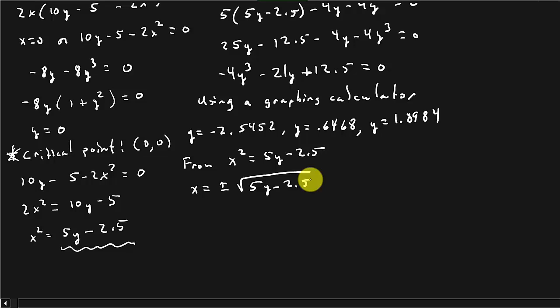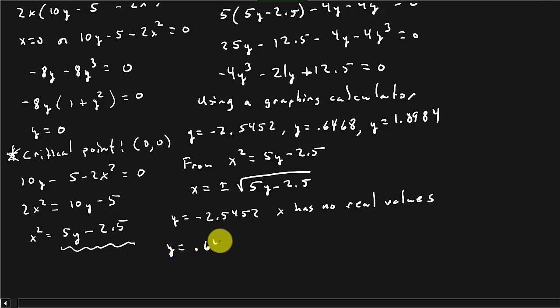We need to take each one of these values and plug them in to get our x values. When y is equal to negative 2.5452, x has no real values, because we'd have a negative number under the square root.